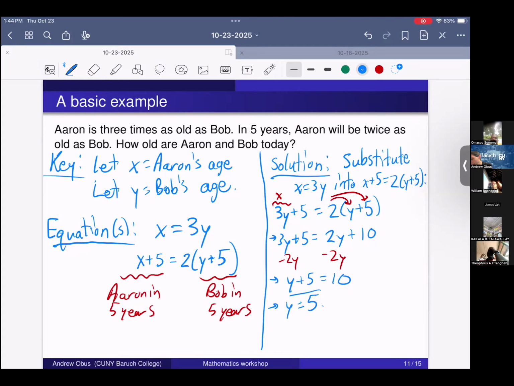And once you know that y is equal to 5, then x is 3 times y, right? So x is going to be 3 times 5, which is going to be 15. Exactly. Right, so you get James's answer, right? So what's the solution? The solution is Aaron is 15 and Bob is 5, right?